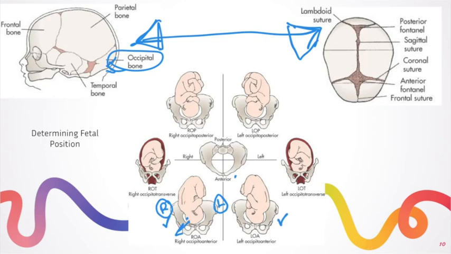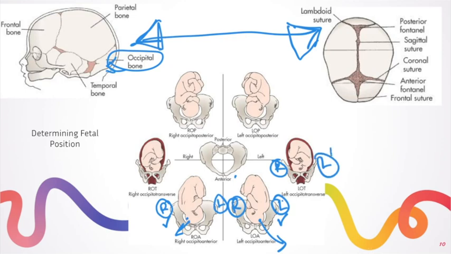This baby is in the left occiput anterior. This one, left, so we've got right and left, right? So we have LOT, left occiput transverse.